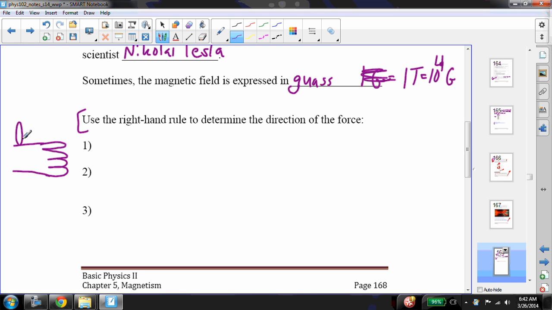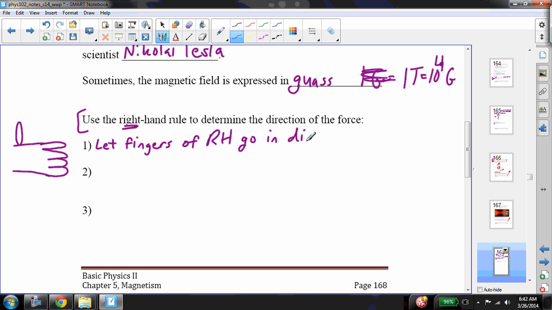Now, the fingers of your right hand go in the direction of V. So our vector V will be in the direction of these very toe-like fingers.